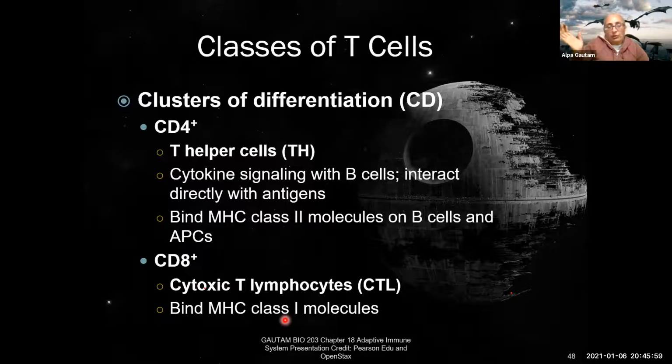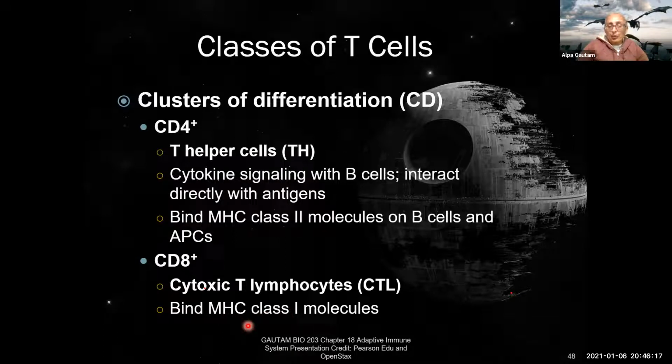And also we have red blood cells that don't have any. But red blood cells do not have MHC class 1 or 2 molecules. MHC class 2 is only present on B cells and APC cells. MHC class 1 is present on all cells.